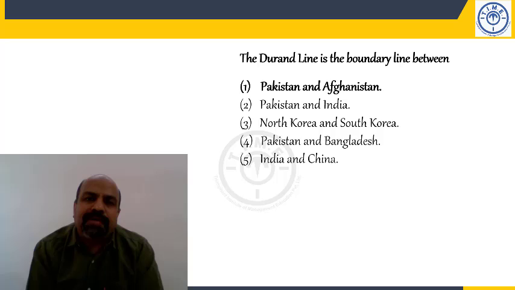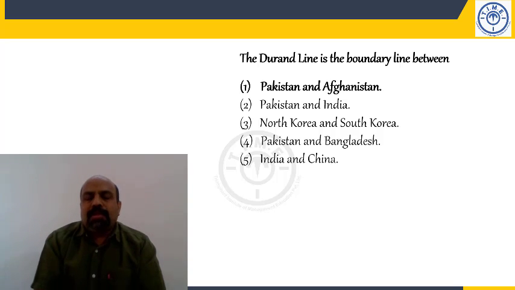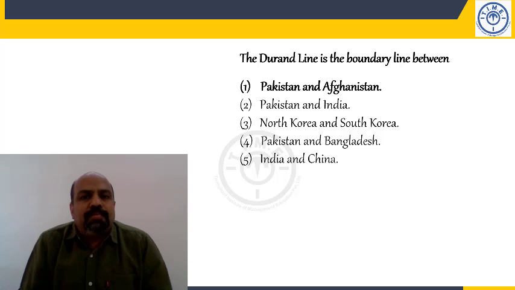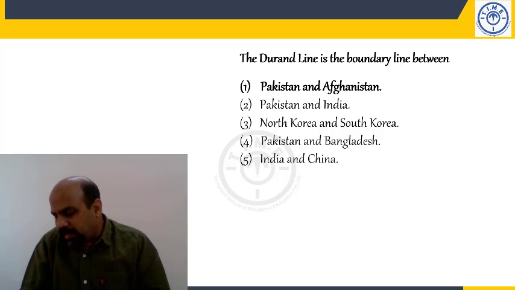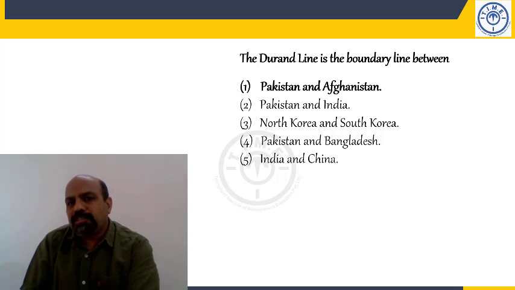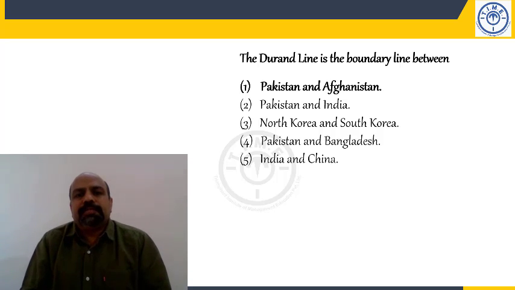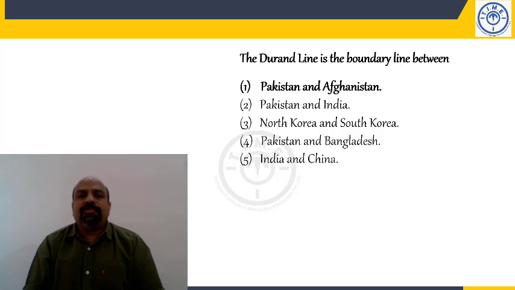Durand Line dash named after Mortimer Durand, Foreign Secretary of British India between 1884 and 1894.